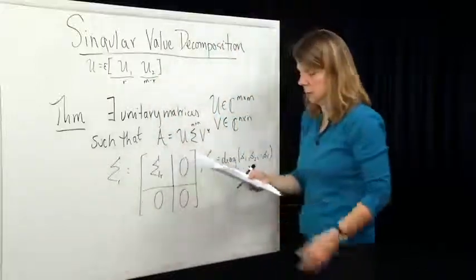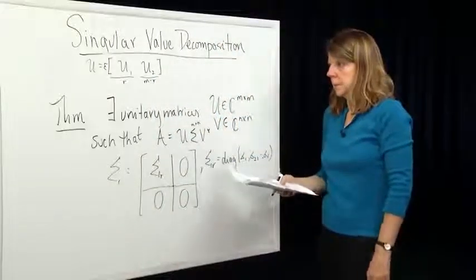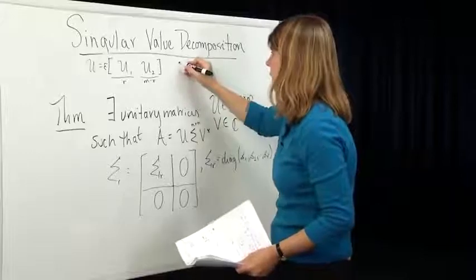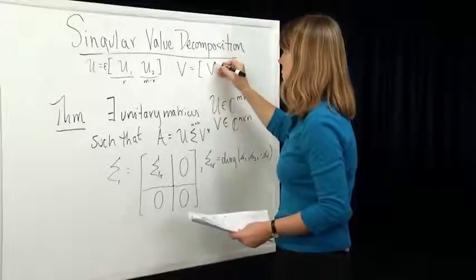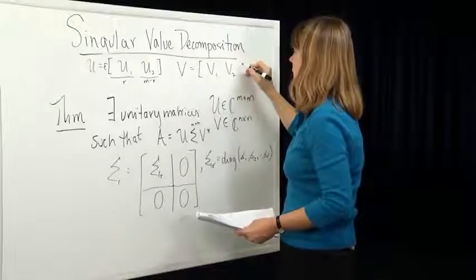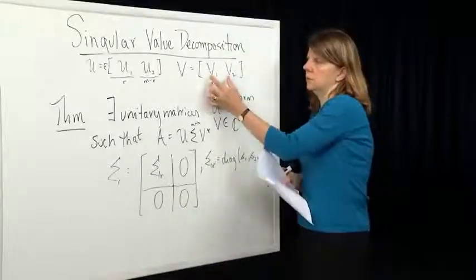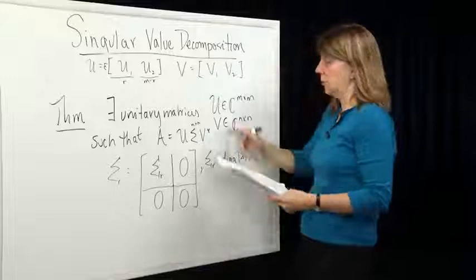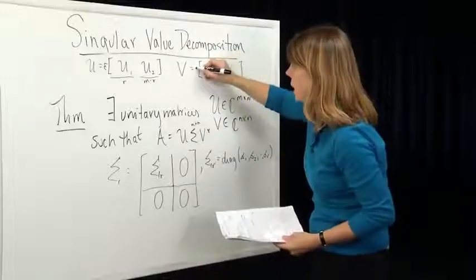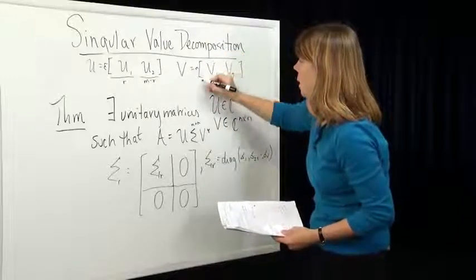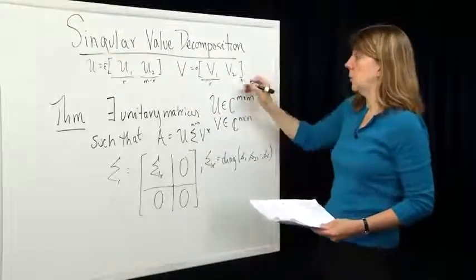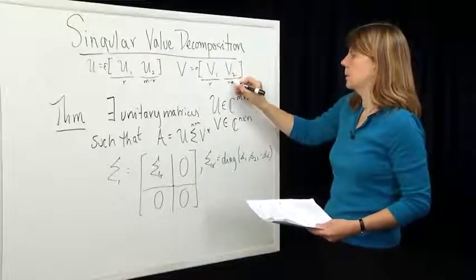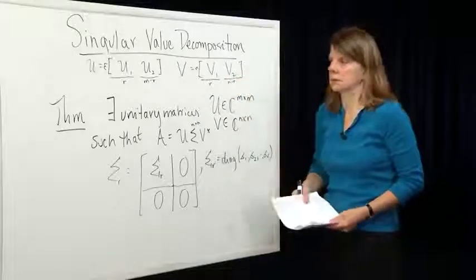And then V, I'm going to represent V similarly in terms of its columns as matrices V1 and V2. And again here, V1 is going to be an n row by R column matrix, and V2 will be an n row by n minus R column matrix.